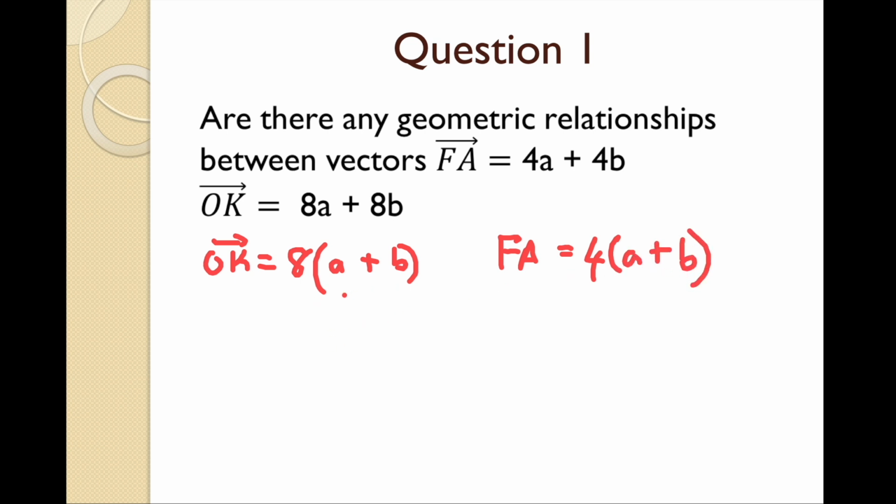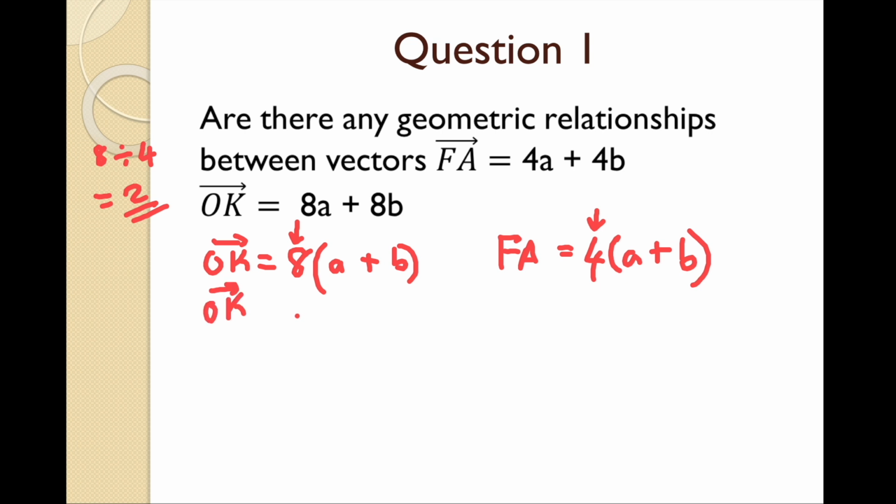Now when you compare this, do you notice this has A plus B and this also has A plus B? Yes, but look at these numbers here. These numbers tell me how much bigger one is to the other. So how much bigger is one to the other? OK is twice the size because 8 divided by 4 is 2.